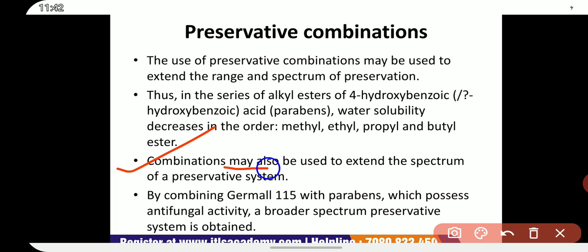Combinations may also be used to extend the spectrum of a preservative system.